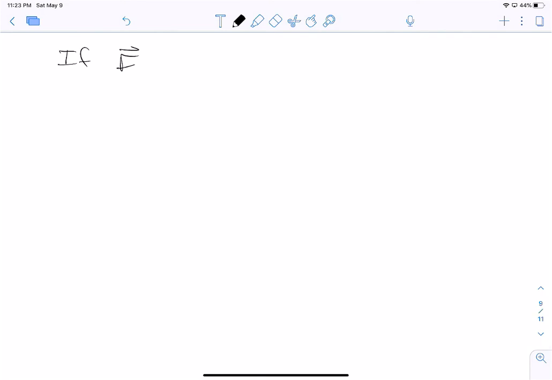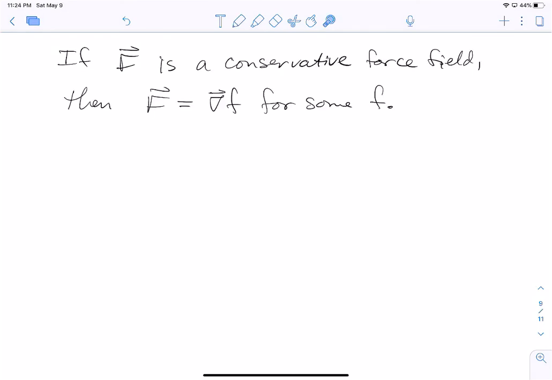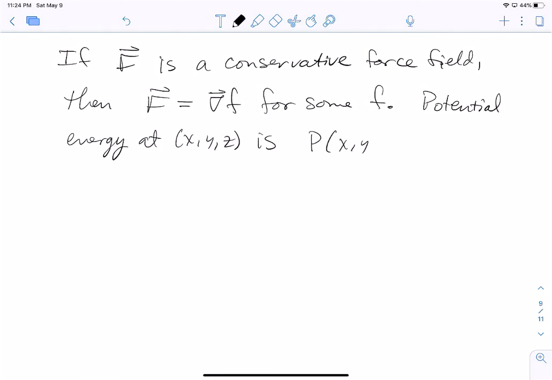If F, the vector field, is a conservative force field, then the vector field F is the gradient of a scalar function f for some f. Again, physicists will tell us that potential energy at a point x, y, z, is P of x, y, z, is equal to the negative of f of x, y, z. I'd like to point out this P here has nothing to do with the other P's we've been looking at in this section.